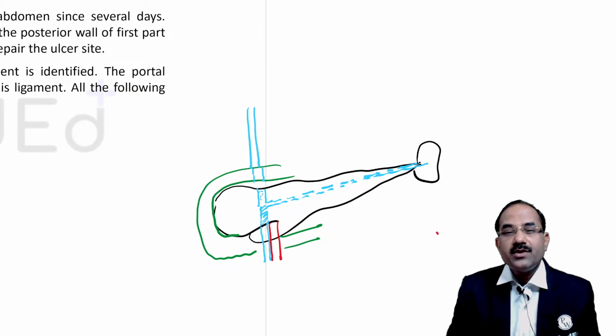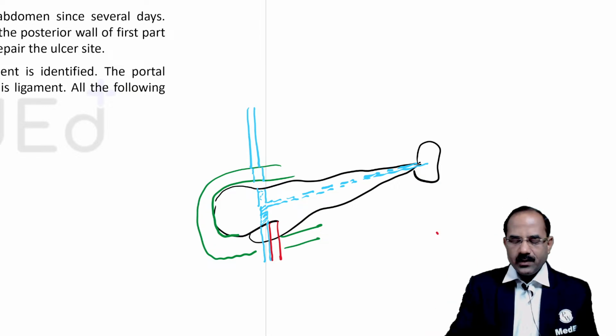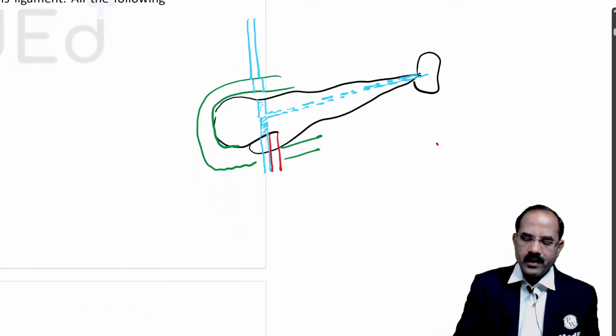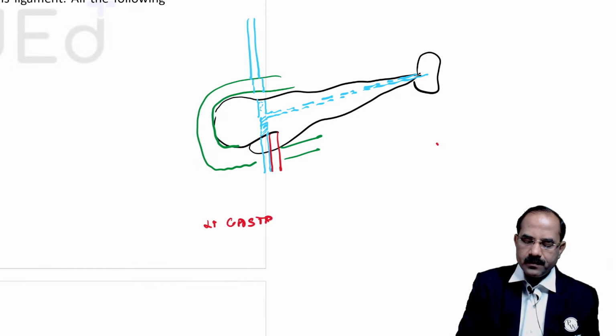Just to enumerate the tributaries of portal vein, students, can you just enumerate the tributaries of portal vein? Any guesses? One is the left gastric vein.